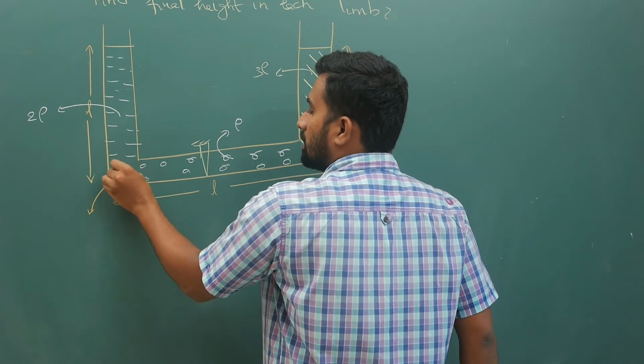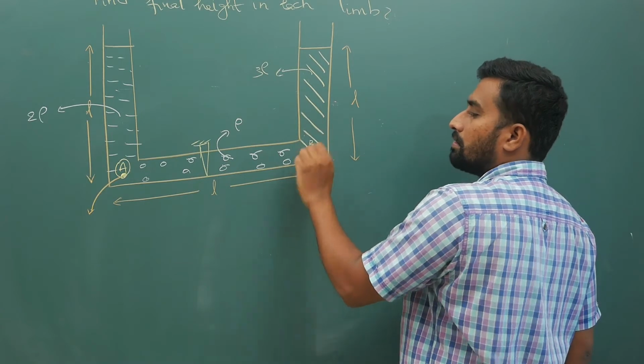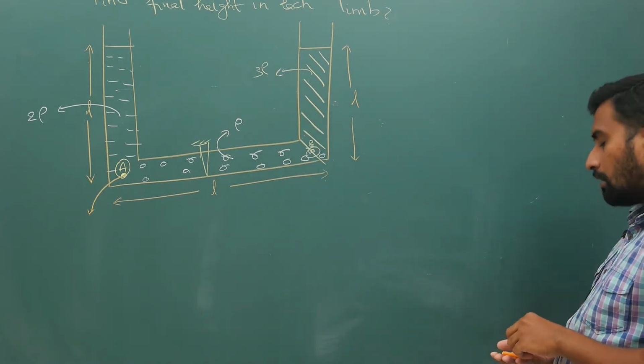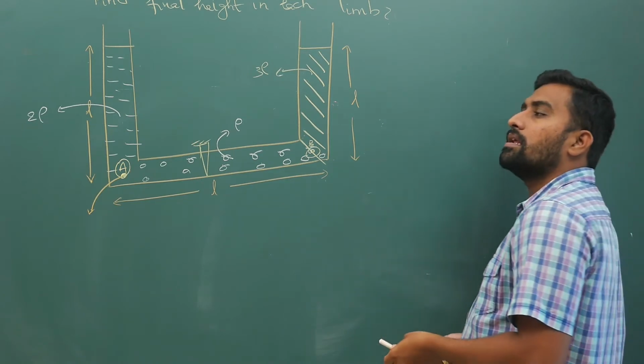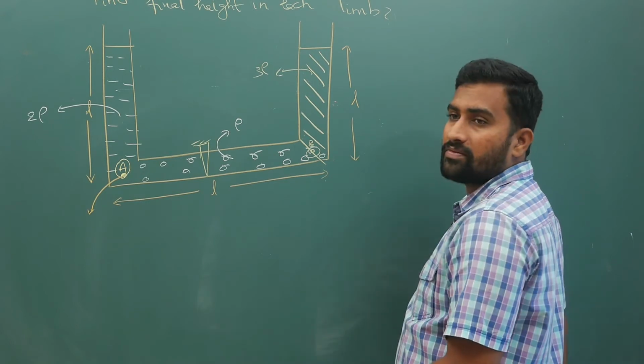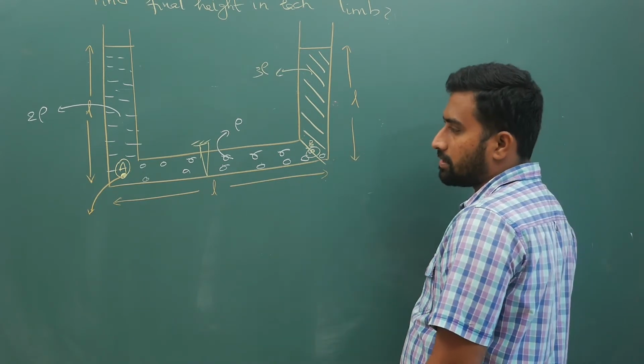Mark this as point A, mark this as point B. Initially, obviously, there will be a difference in pressures. Now if the same area of cross section is there, and I told you if nothing is mentioned, consider the same area of cross section, so if this side comes down by x, that side will rise by x.